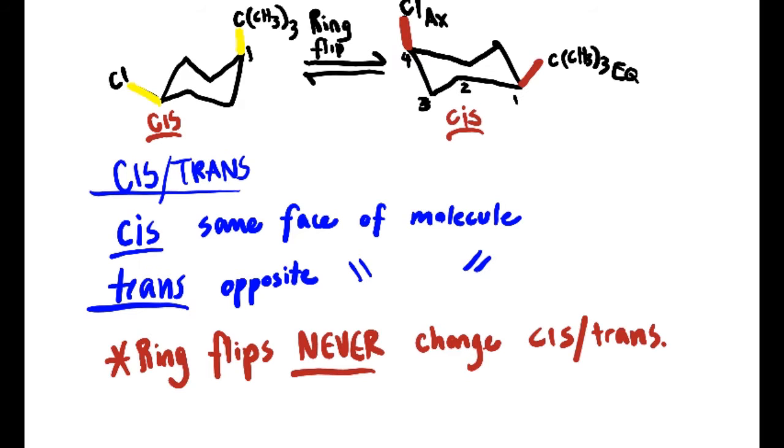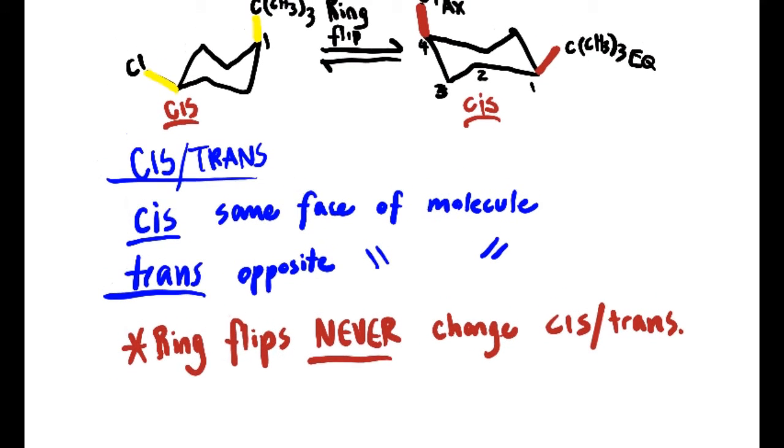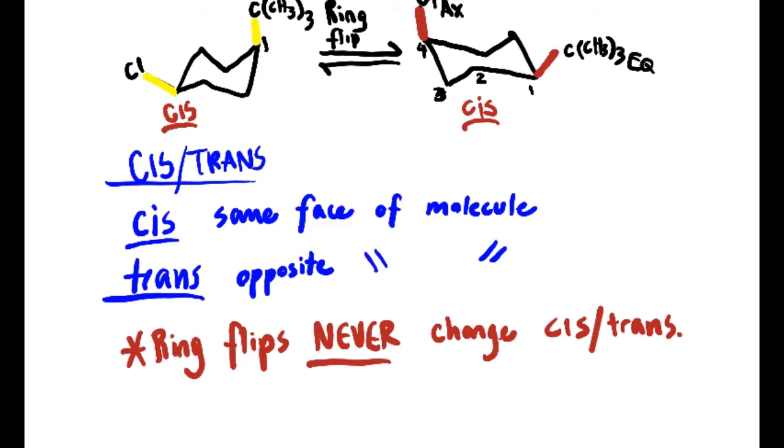So we could draw different structures for different molecules that would represent the trans molecule that has a carbon with 3 methyl groups bonded at carbon number 1 and then at carbon number 4 chlorine.